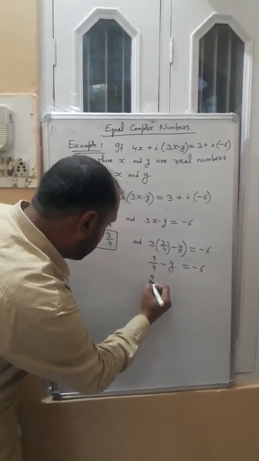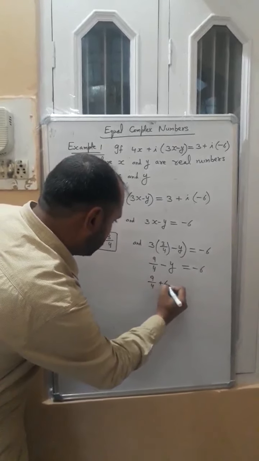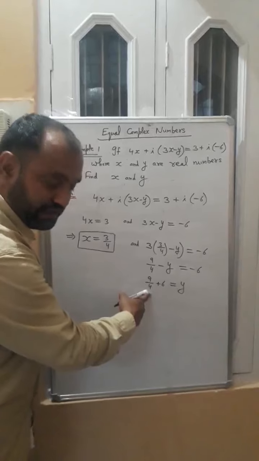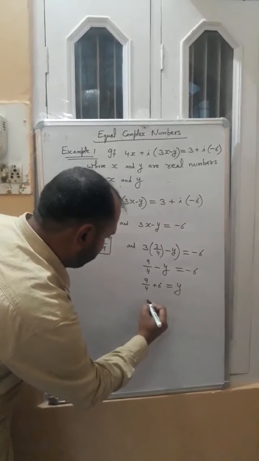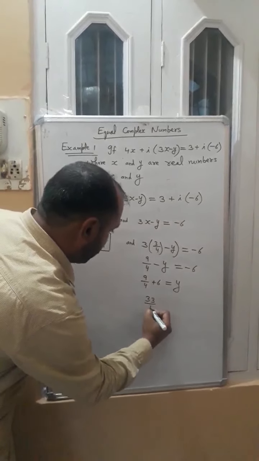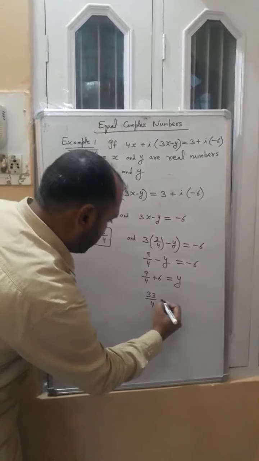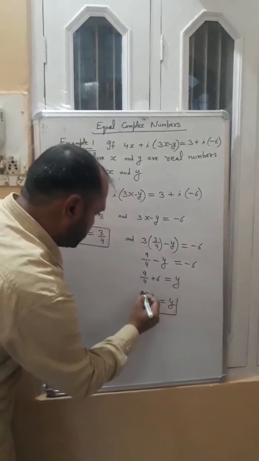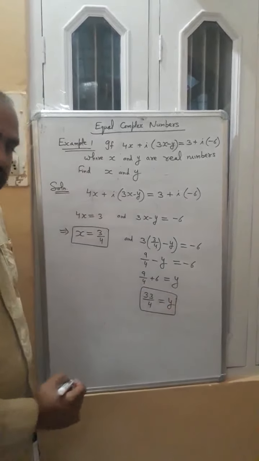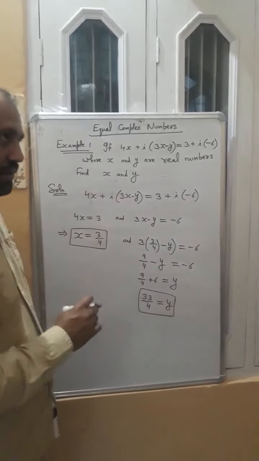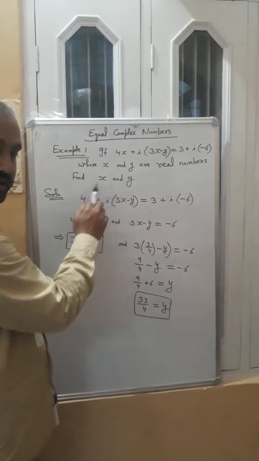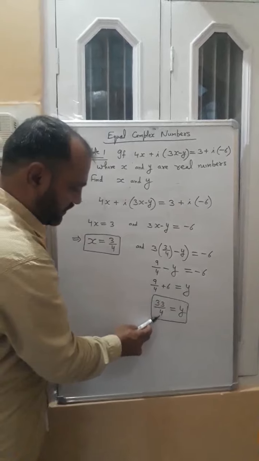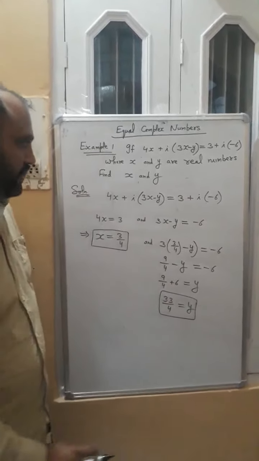We get 9 by 4 plus 6 is equal to y. On simplification we get its value is 33 by 4. Right? So the value of y is 33 by 4. So the answer is x is equal to 3 by 4 and y is equal to 33 by 4. Thank you.